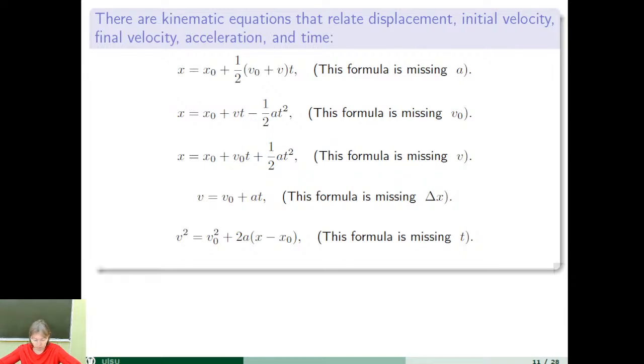The first formula is missing acceleration, this formula is missing initial velocity, and this one is missing final velocity. This formula is missing displacement, and this formula is missing time.